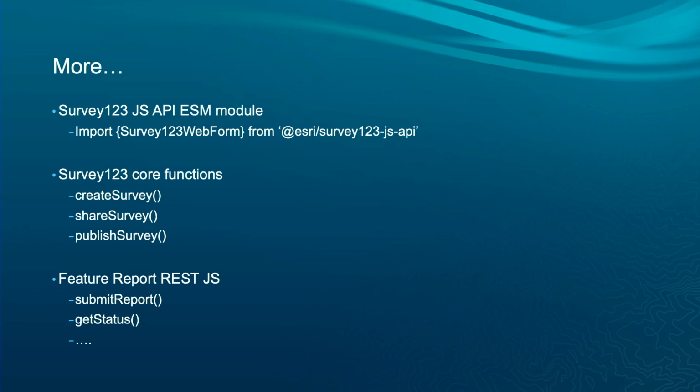So you can use an npm package to install the module and just import the required classes and functions into your application. That'll be lighter. And also, we want to introduce some core functions from Survey123, like you can manage the survey, create the survey, publish the survey, or share the survey in the JS API.